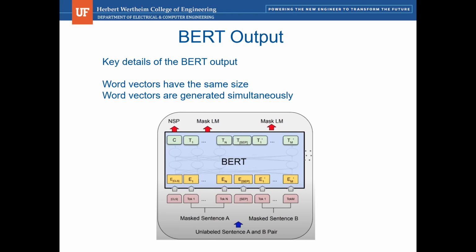We need to take each word vector and pass it into a fully connected output layer with the same number of neurons as the number of tokens in the vocabulary. So that would be an output layer of 30,000 neurons in this case, and we would apply a softmax activation.